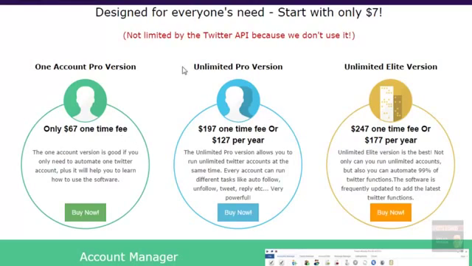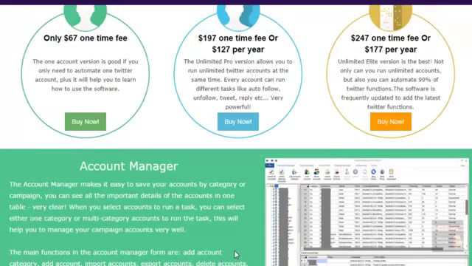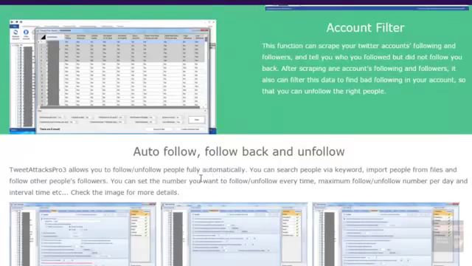So it makes sense to go with the unlimited pro or the elite. The elite allows you to run not only unlimited accounts, but it lets you automate a lot of it, and that's going to save you a lot of time setting up. I personally think the extra $50 is absolutely worth it because it saves you time, and that is very valuable.